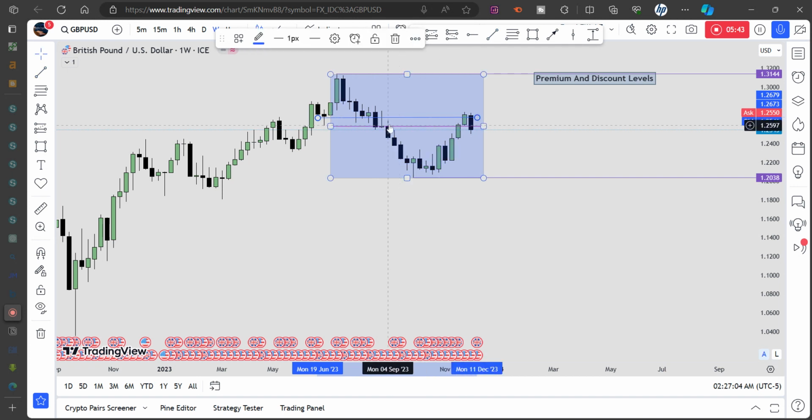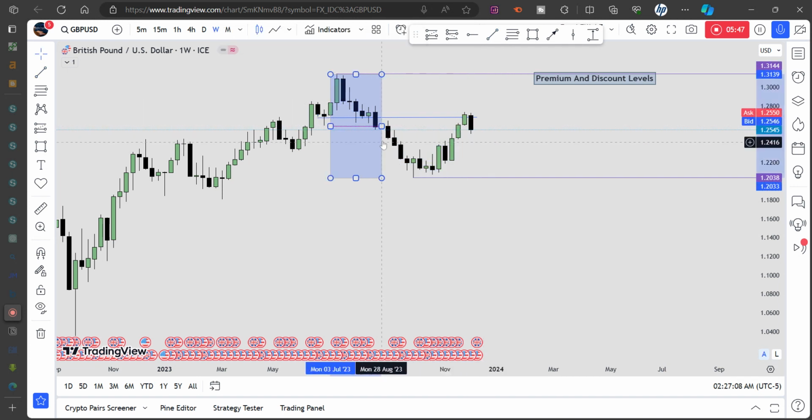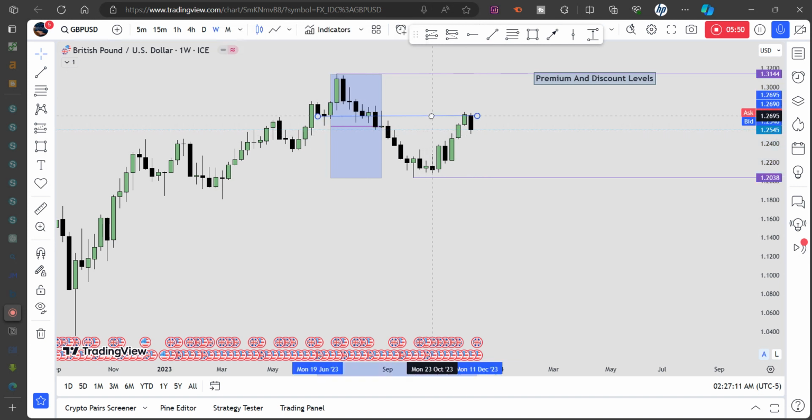You can see that is what this price touched right here and reversed from. So having explained that, let me now go deeper into this key level.